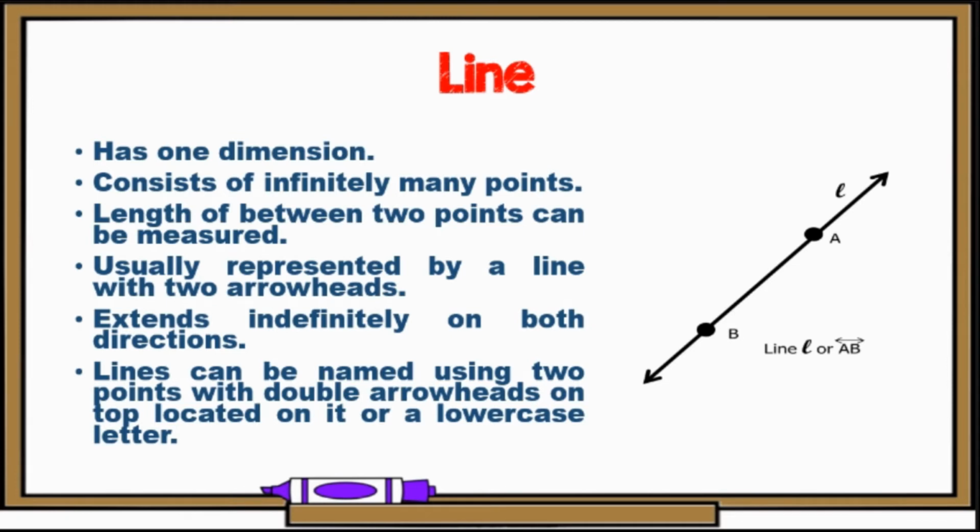You can use the 2 points on the line, AB, and call it line AB. Or you can also use the lowercase letter beside our line, which is L. You can also call this line line L.